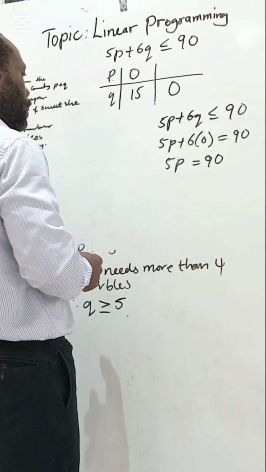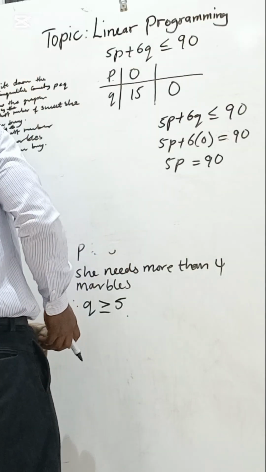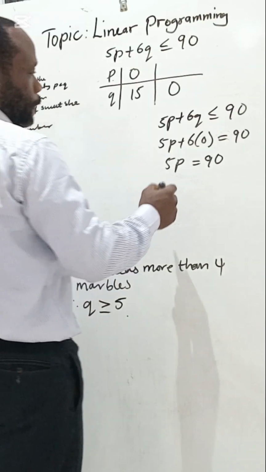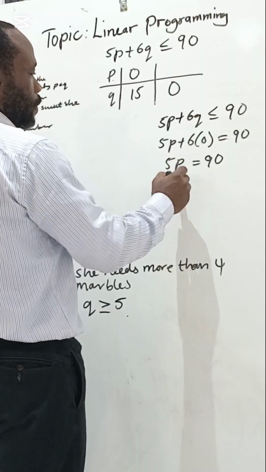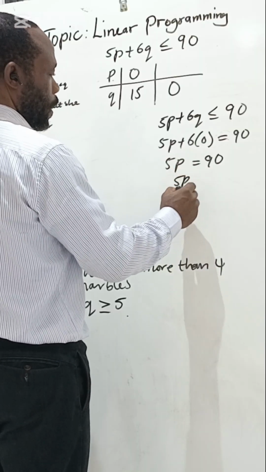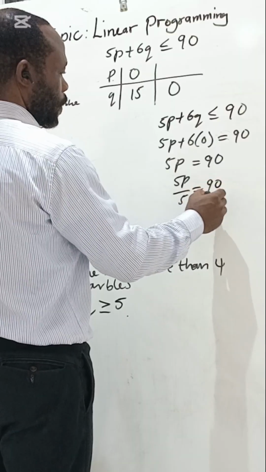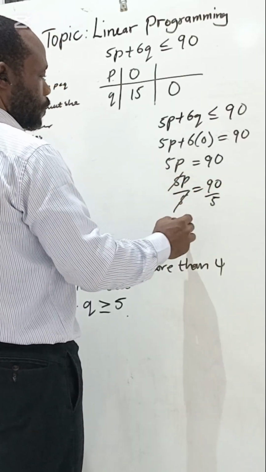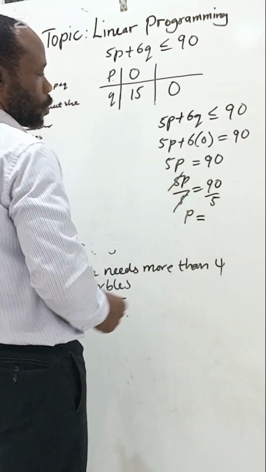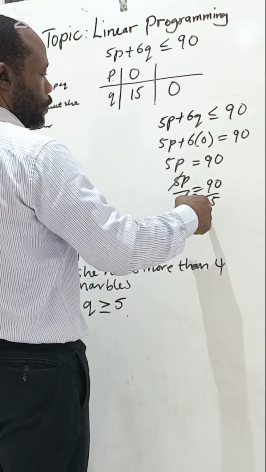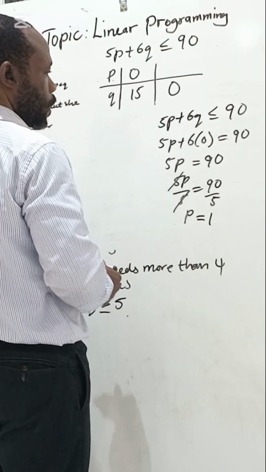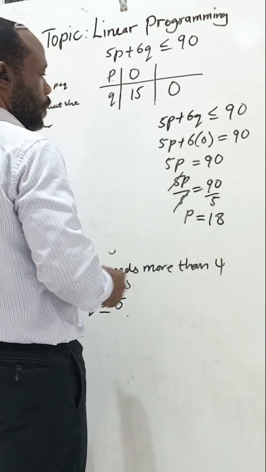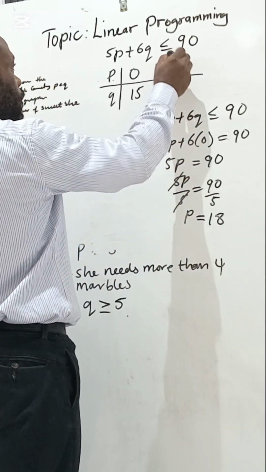So this becomes 5p is equal to 90. To get the value of p, we divide both sides by 5. This becomes 5p over 5 is equal to 90 over 5. 5 will cancel out 5. P is equal to 90 over 5. 5 into 9 is 1, 5 into 40 is 8. Therefore, the value of p is 18.